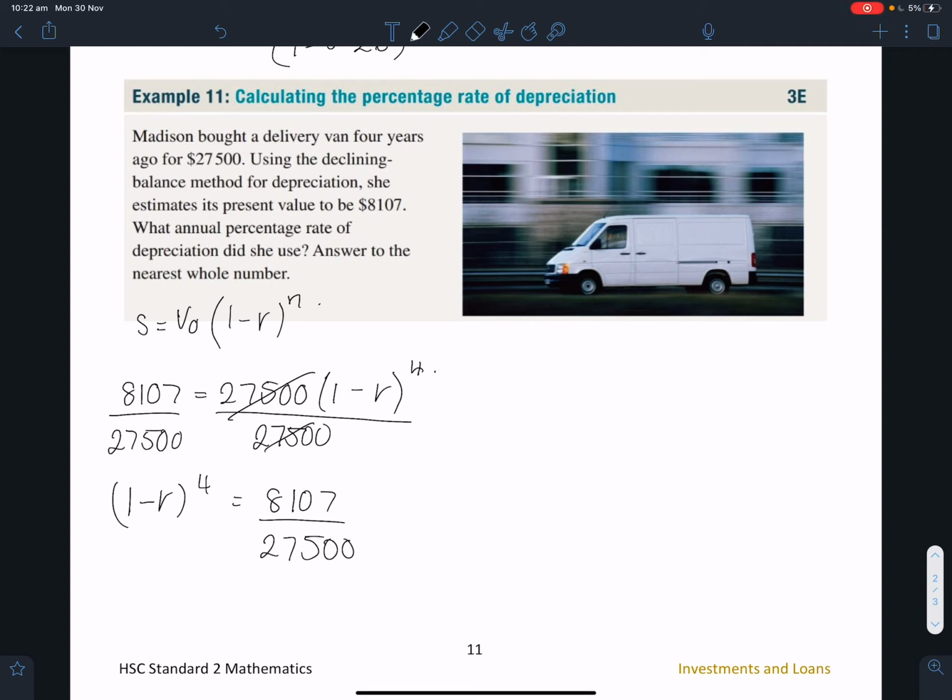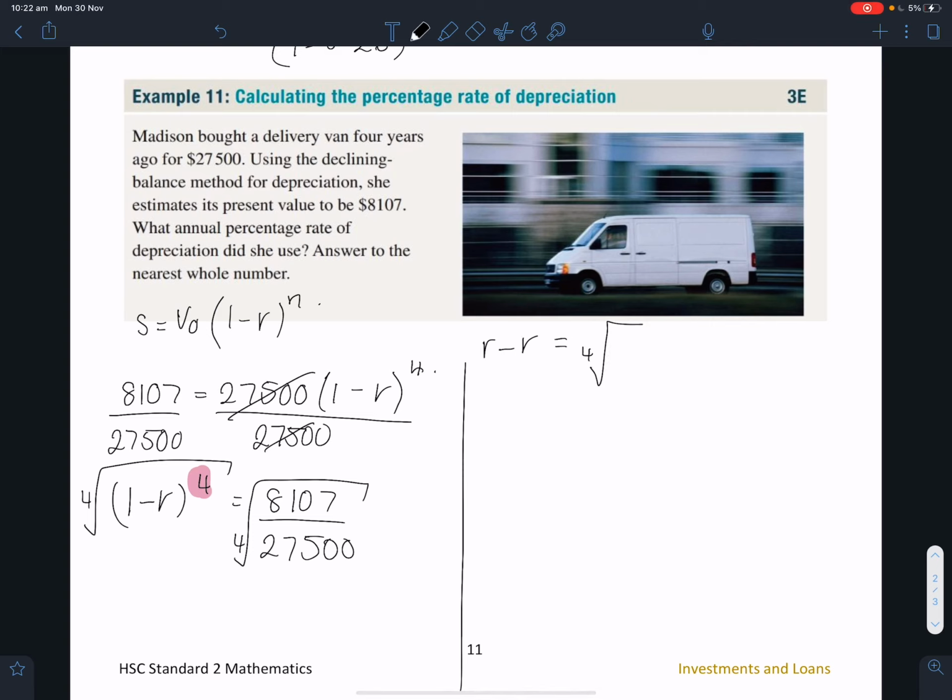Now to get rid of this 4 here, we're going to take the fourth root. The calculator has an option for you to put that number in. So then you get 1 minus r equals the fourth root of 8107 over 27500.